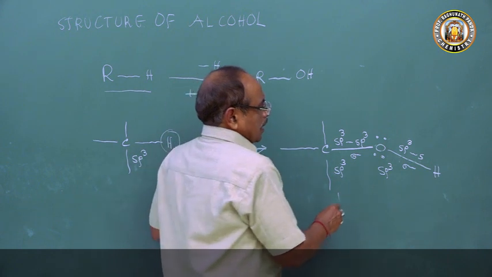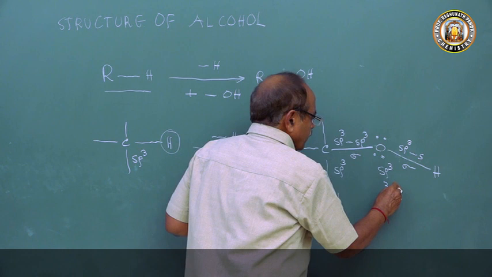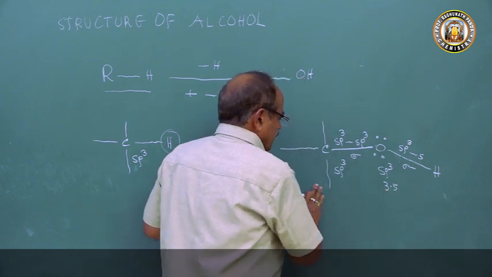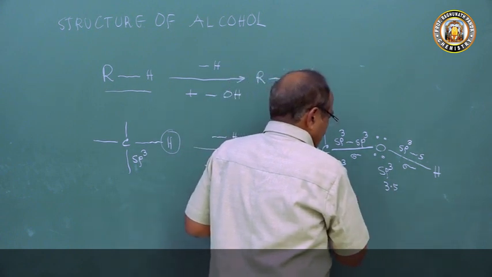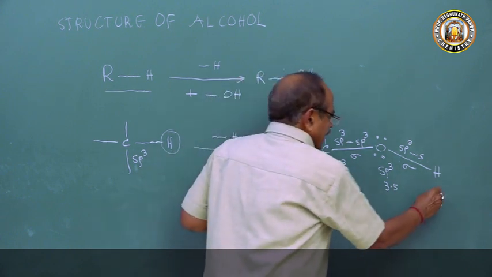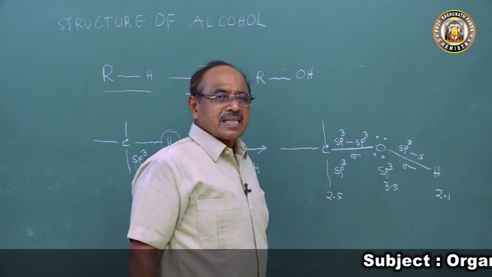So what is happening here? The oxygen atom has electronegativity 3.5, the carbon atom has electronegativity 2.5, and the hydrogen atom has electronegativity 2.1. What is electronegativity?